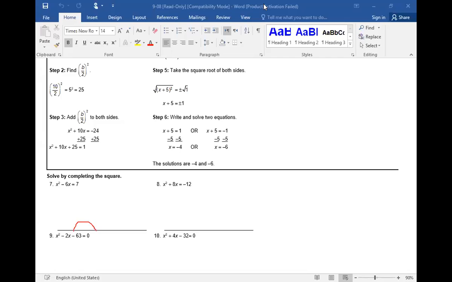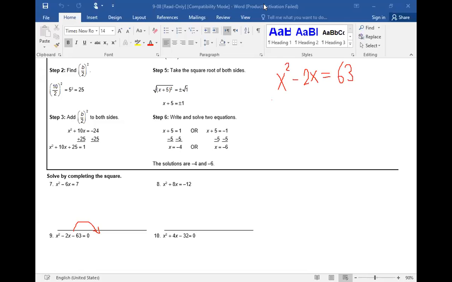So we will transfer this one to the opposite side. It will be x to the power of 2 minus 2x equals positive 63, because we already transferred.